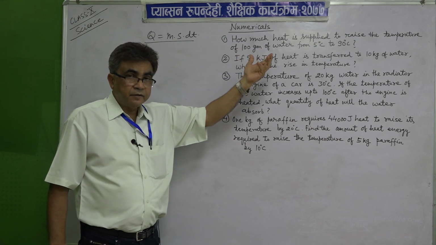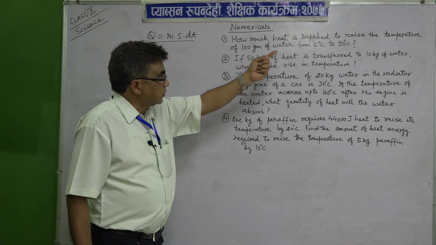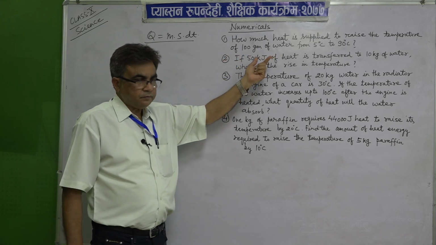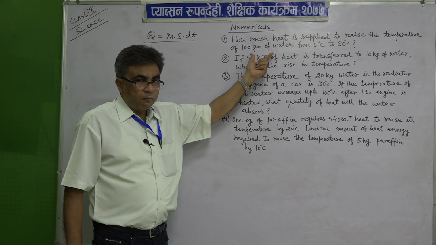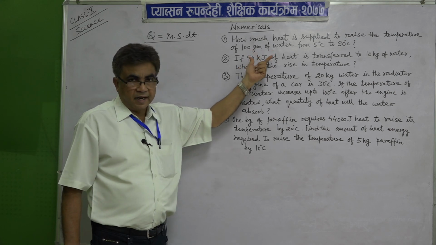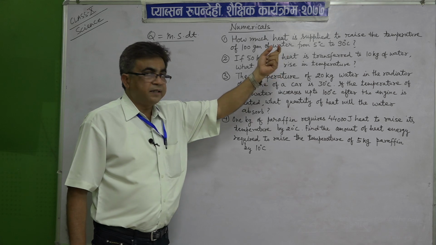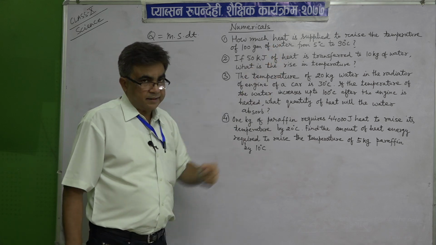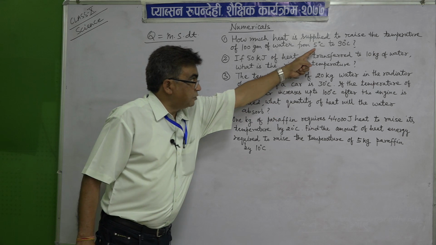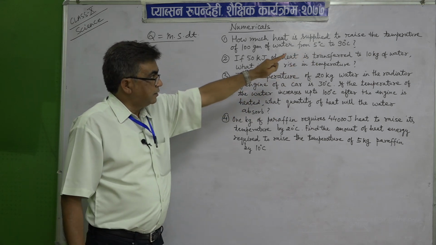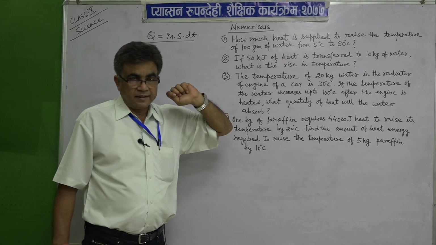The question says: to raise the temperature of 100 gram of water from 5 degrees centigrade to 90 degrees centigrade. The mass of the water is given, 100 gram. The initial temperature is 5 degrees centigrade and the final temperature is 90 degrees centigrade.